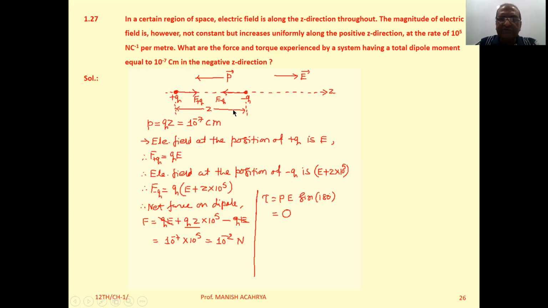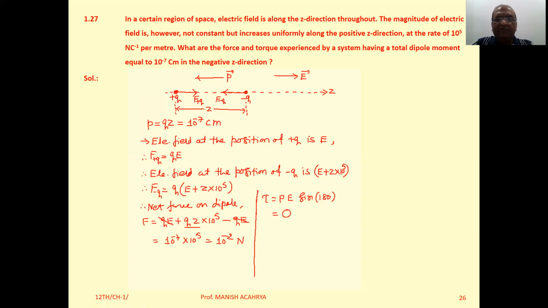Suppose the separation between these two charges that we consider is z meter. So the dipole moment, which one is given to you here? So we can write dipole moment p is q into z, the distance between these two charges, and that is given to you 10^-7 Coulomb meter.